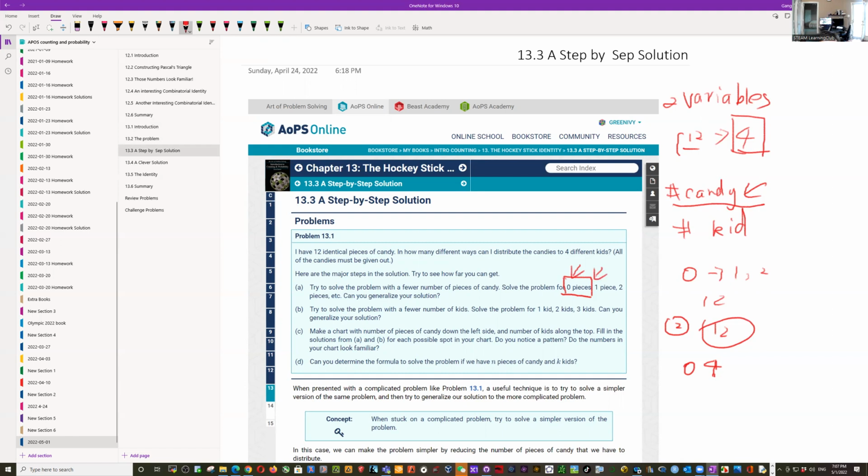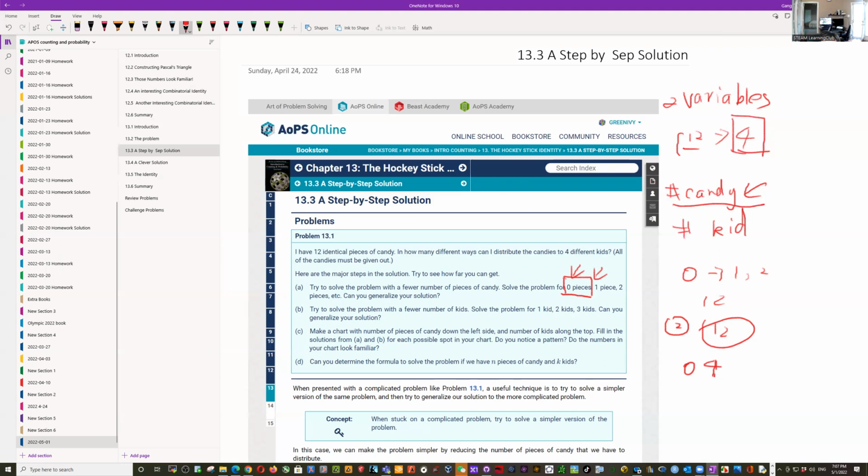Let's go for 1 piece. So 1 candy. Assume the candy cannot be divided. You cannot take out a knife and cut the candy into smaller pieces. You have to give it out as a whole. So when you have 1 piece, it can only go to 1 person.